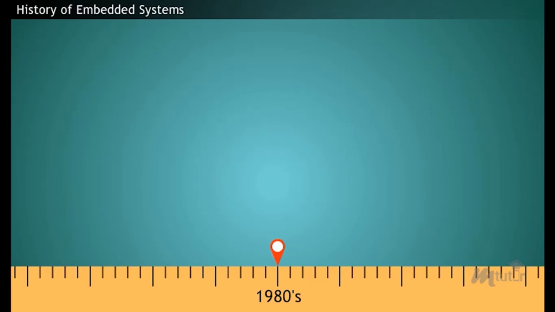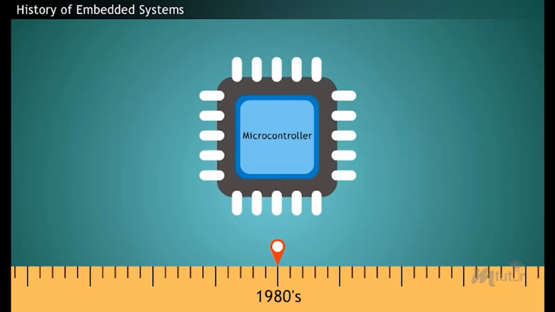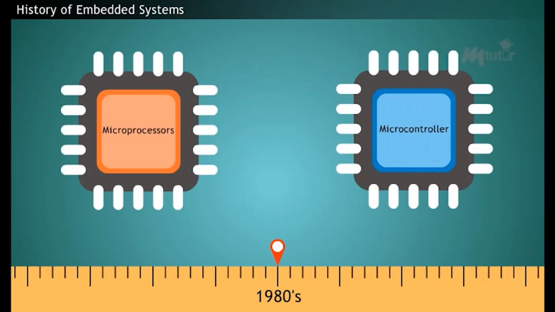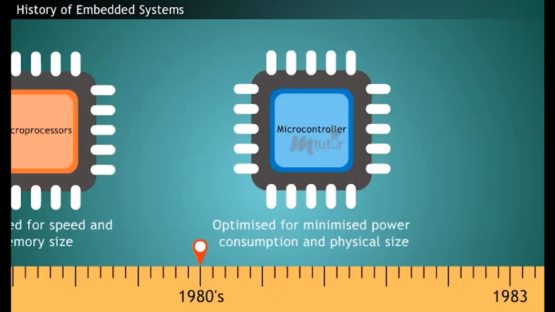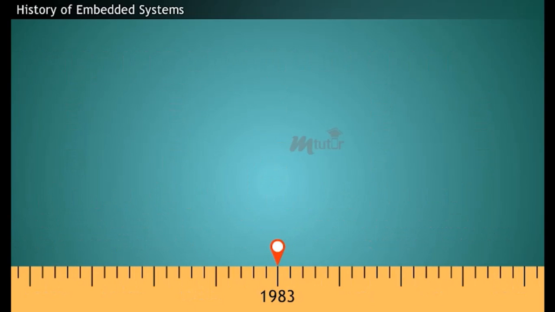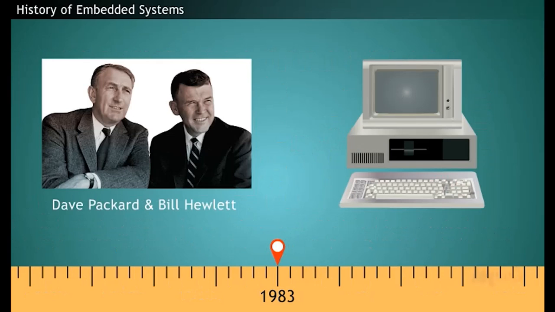And in the 1980s, microcontrollers became the demanded technology. Microprocessors are optimized for speed and memory size, whereas microcontrollers are optimized for minimized power consumption and physical size. In 1983, the HP 150 personal computer was introduced by Dave Packard and Bill Hewlett.